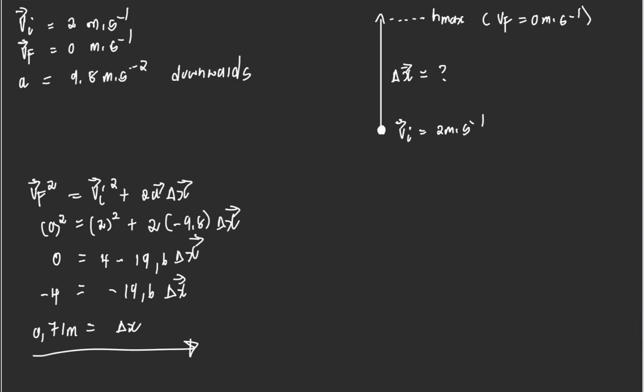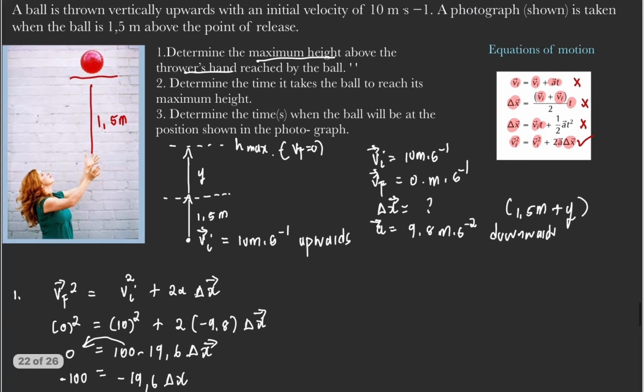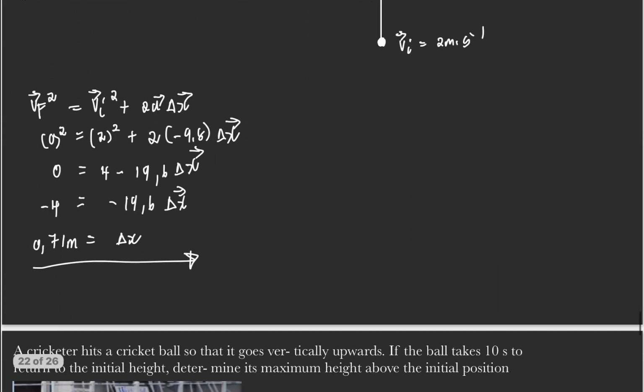So this is basically how simple it is to do these calculations. They will confuse you by giving you the distance like they did in that question. So you should be careful, because some people will go ahead and use the 1.5 that was given in the question as the maximum height, which is incorrect. Just be on the lookout for that as well.